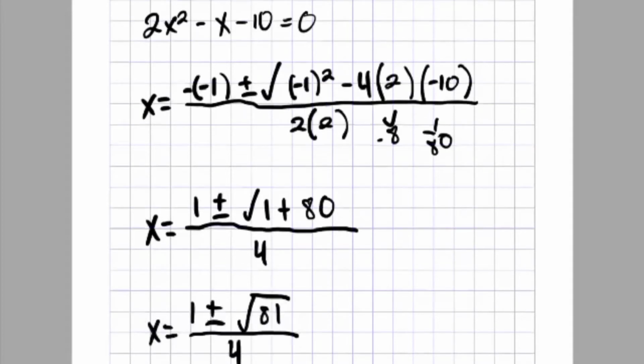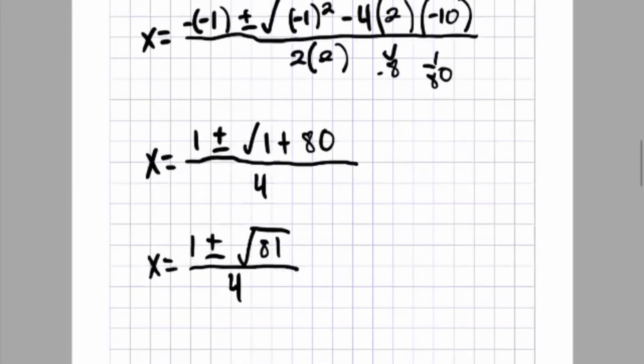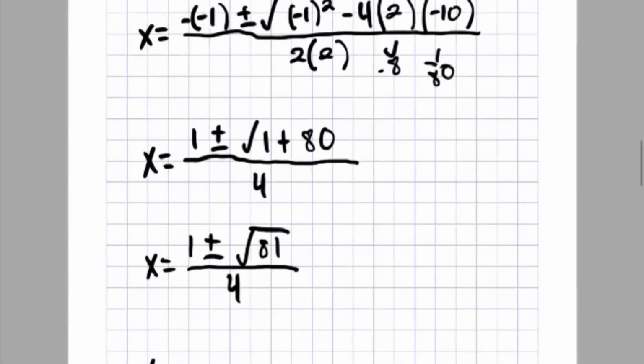Since 81 is a perfect square, we just need to take its square root to get the final answer. So our final answer is x equals 1, plus or minus 9, over 4.